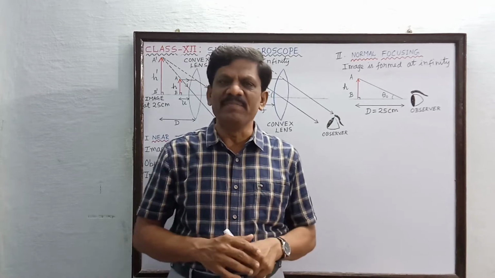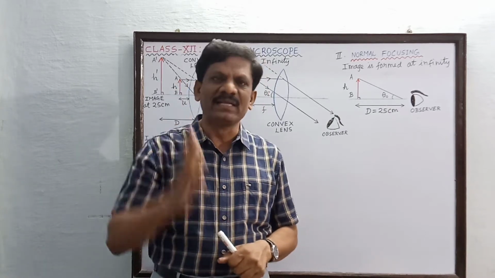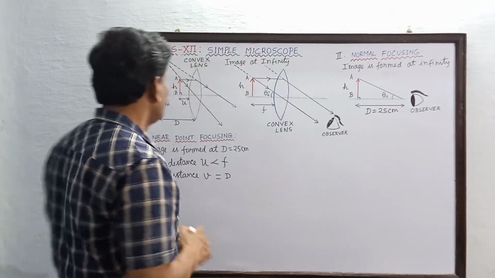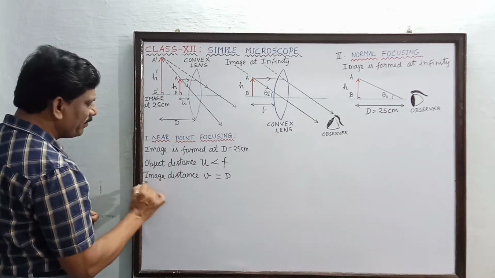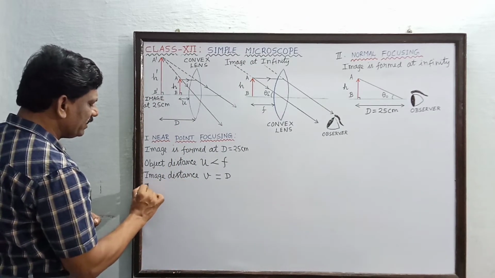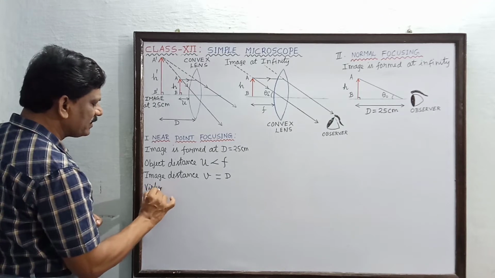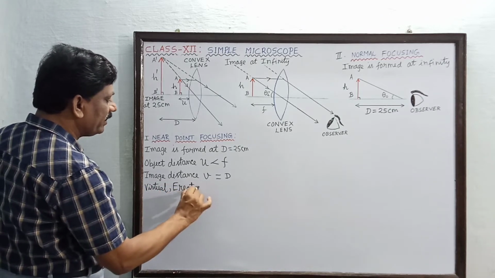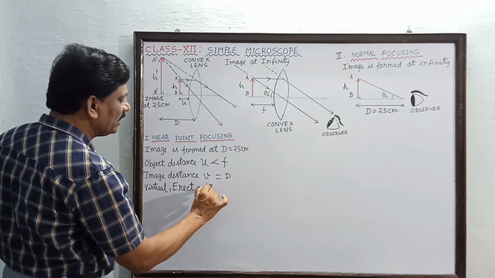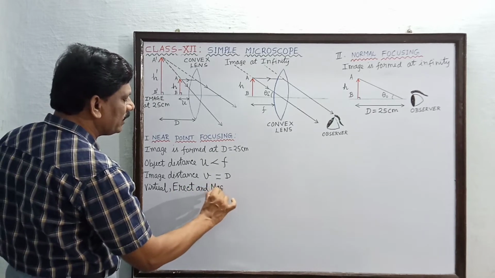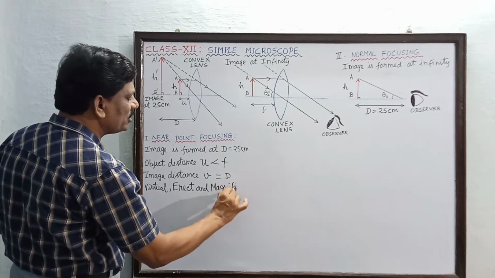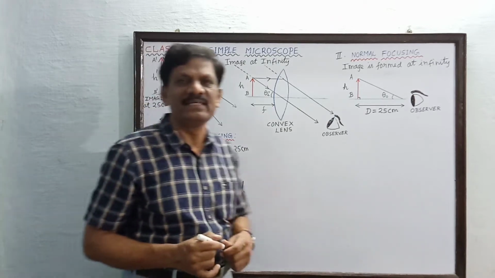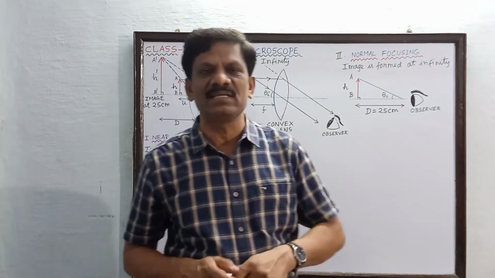The size of the image is bigger than the size of the object. So it is virtual and erect, and it is also called a magnified image, since the image size is bigger than the object size.